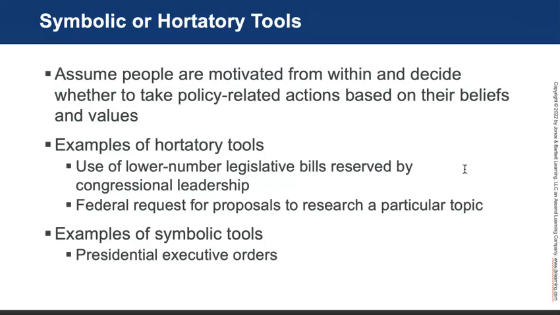Another example is federal requests for proposals to research a particular topic. In healthcare, when they see a problem, a lot of times the legislator, Congress, will set aside money for research, and then they will send out a call to healthcare professionals.